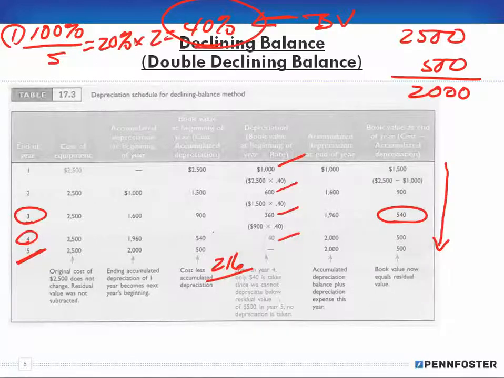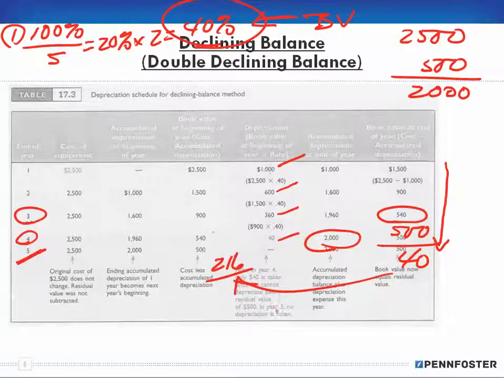So when my depreciation expense is greater than the amount that I can depreciate, in other words, when I've depreciated the full amount of the $2,000, I can only take the amount of depreciation that brings me up to that 2,000. If I have 540 here and a salvage value of 500, that means I can only take $40 of depreciation, not the full $216.